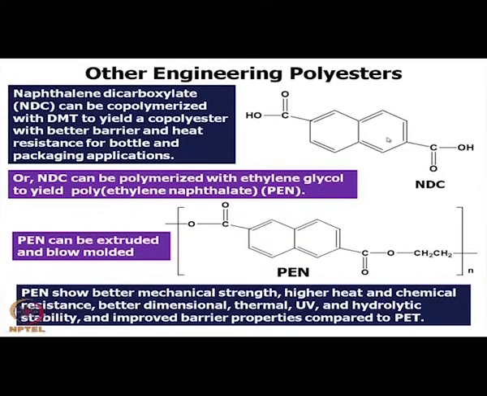So, if NDC is copolymerized with DMT, this is one acid part, DMT is another acid part, and the alcohol part would be different. So, one can make a copolyester, that means in the polyester this NDC as well as terephthalic acid moiety will be present. Terephthalic acid moiety comes from this DMT, dimethyl terephthalate, through ester interchange reaction.